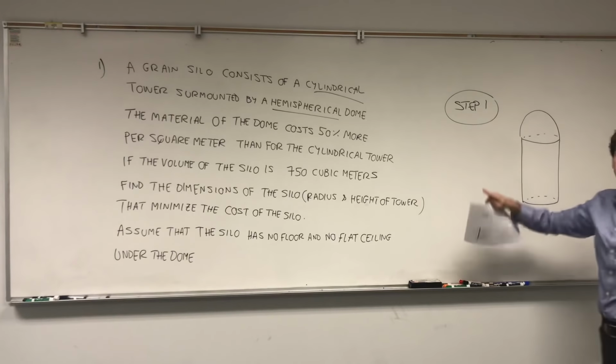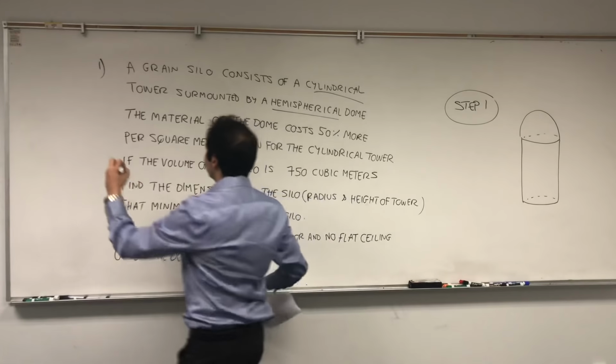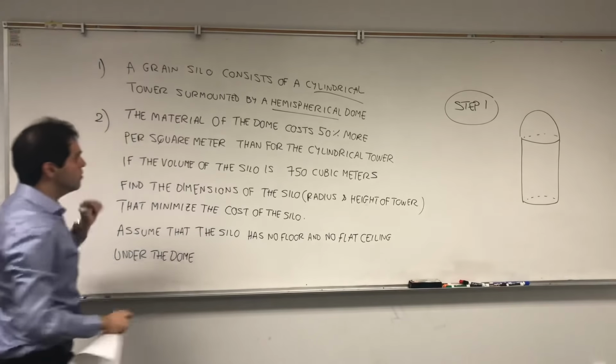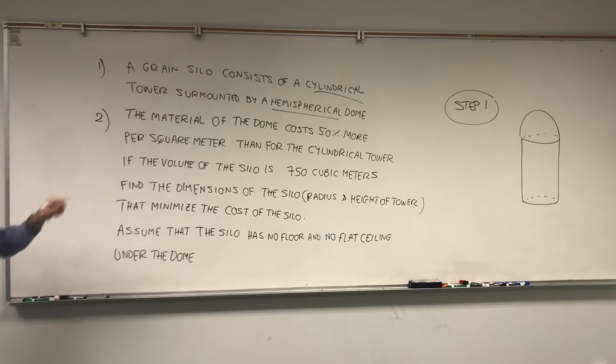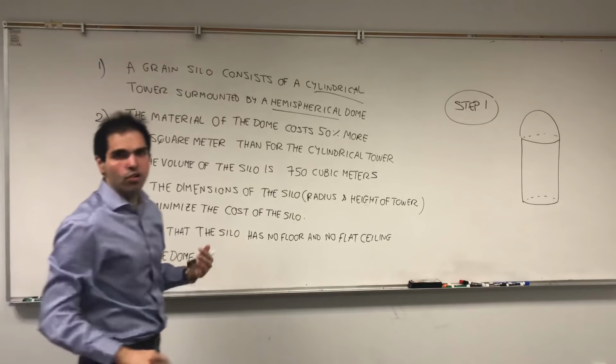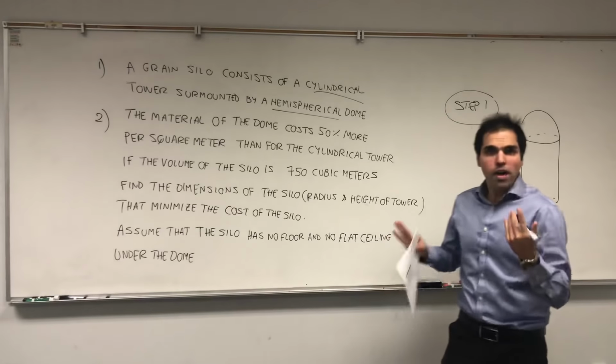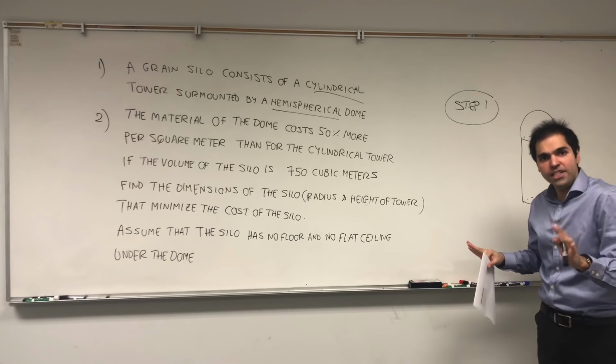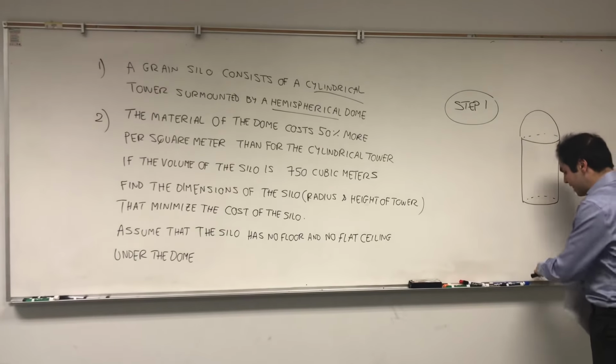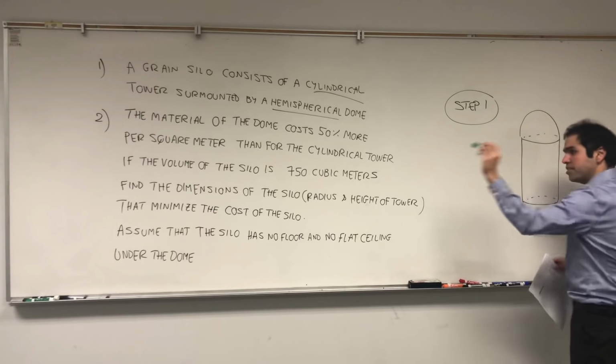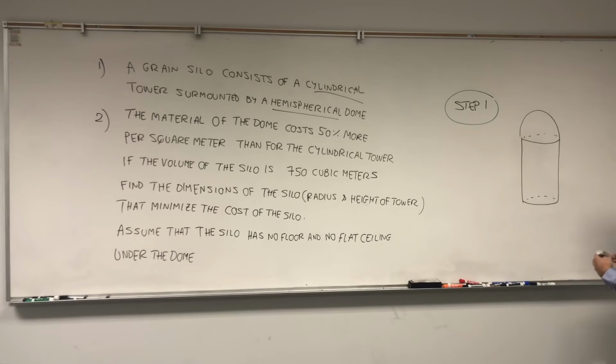Then let's look at the second piece of information that's given. 2. The material of the dome costs 50% more per square meter than for the cylindrical tower. So it is important information, but it's something we'll use later because it doesn't tell us yet how to solve the problem.